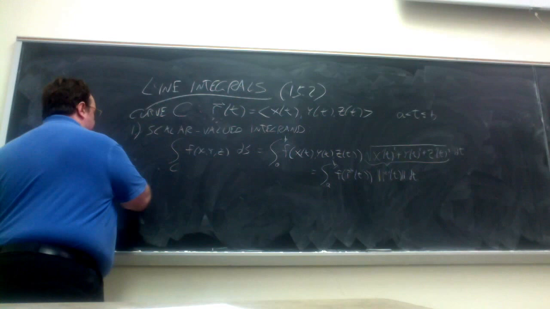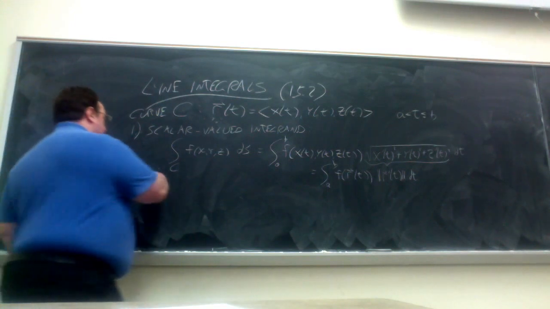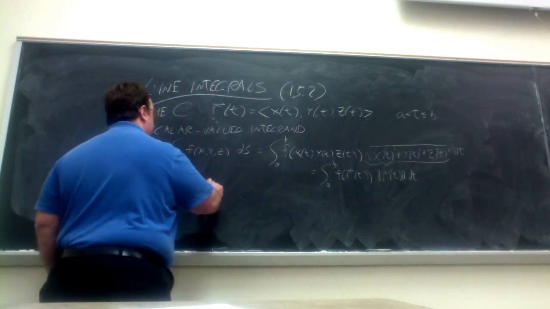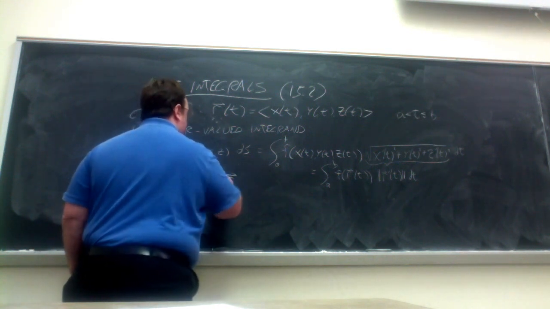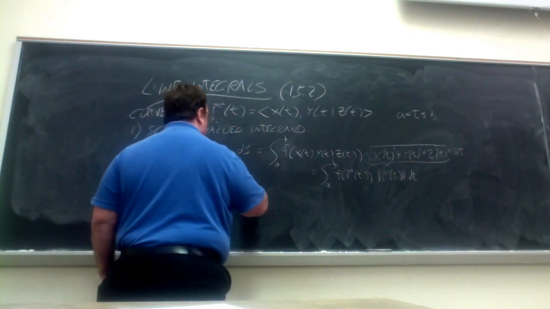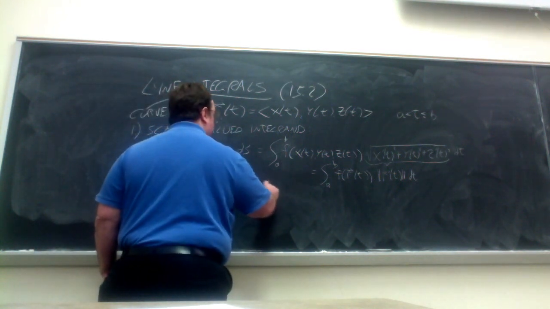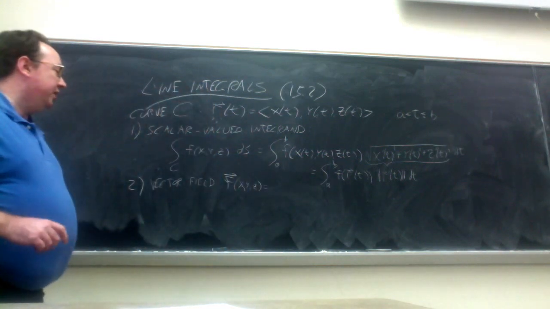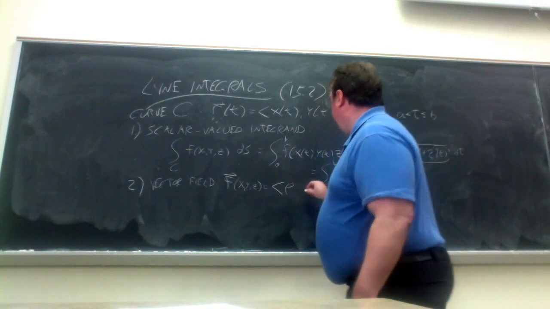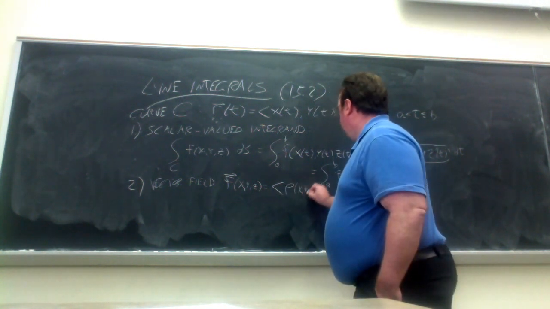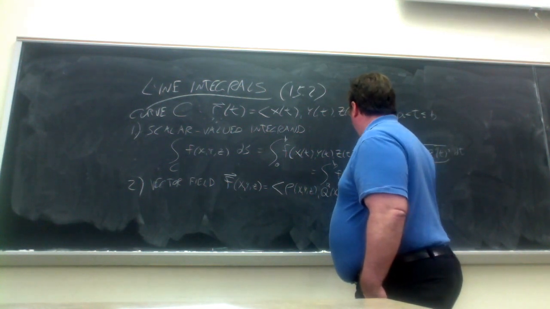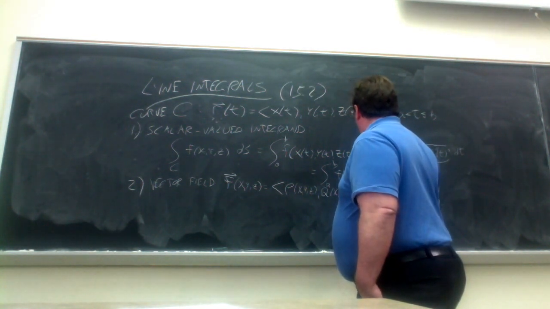The second kind that's really of greater interest to us is the line integral of a vector field, capital F, and I use a vector symbol here. The notation I'll use is, this has components, which I'll name P for the x component, Q for the y component, and then R for the z component if there is one.